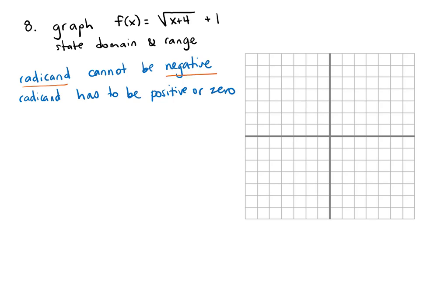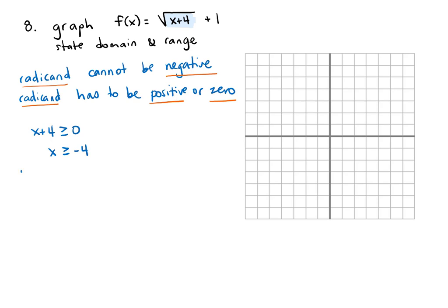By saying radicand, we mean the part within the radical sign. So we're going to take that and write that it's positive or 0. So we're going to say x plus 4 has to be greater than or equal to 0. So x has to be greater than or equal to -4.